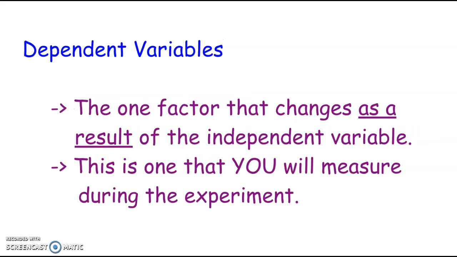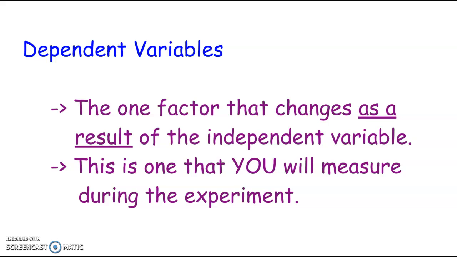The dependent variable is the thing or the factor that will change as a result of your independent variable. So let's do an example. I want to see how does the temperature of water influence how quickly salt dissolves. So we know salt dissolves in water. So I'm going to try it at 10 degrees and I'm going to try it at 30 degrees.